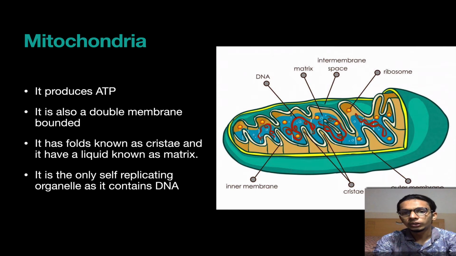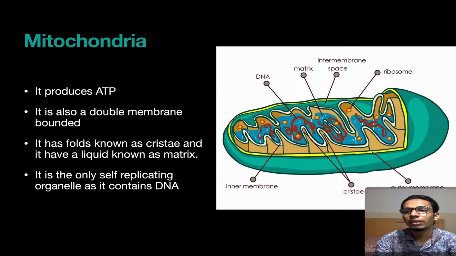It has folds known as cristae. As you can see in the picture, it has folds. These are known as cristae, while it has liquid inside, which is shown in blue color, and it is the matrix of the mitochondria. It is also the only self-replicating organelle as it contains DNA.